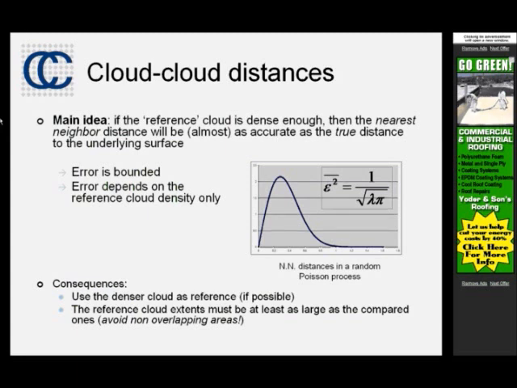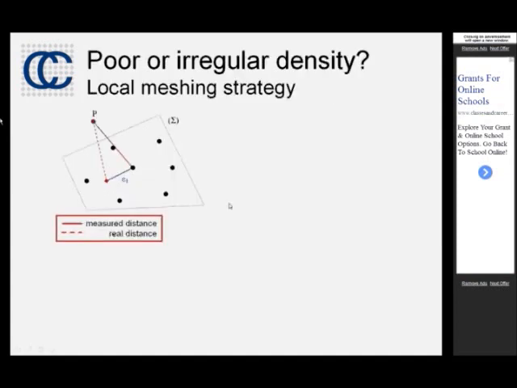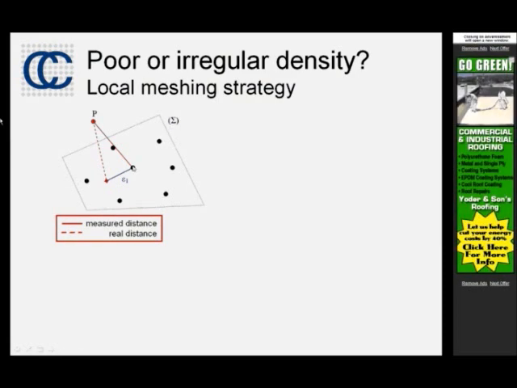So, to end this small talk about theory, let's say that we want to compute the distance between the point P and the surface sigma, which is only described by a few points. When we compute the nearest neighbor distance, as we do in CloudCompare, we make a small error relative to the true distance.